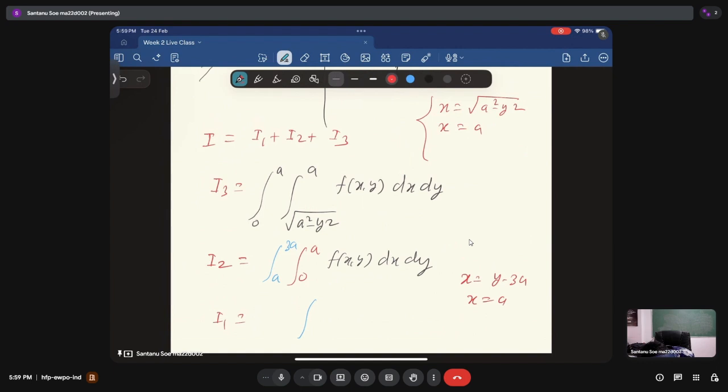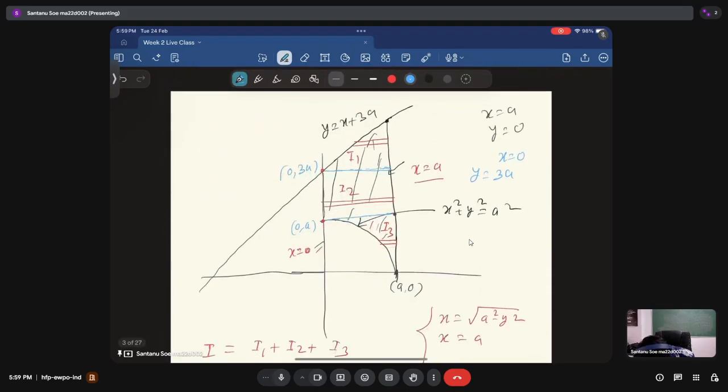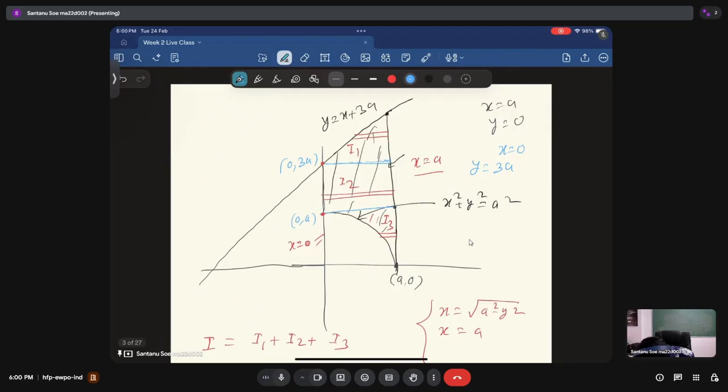This is y minus 3a to a, and for the y limit, this line is actually x equals to a, and this line is y equals to 3a. So from here to here, this is 3a, and if you just put x equals to a, this point should be 4a.